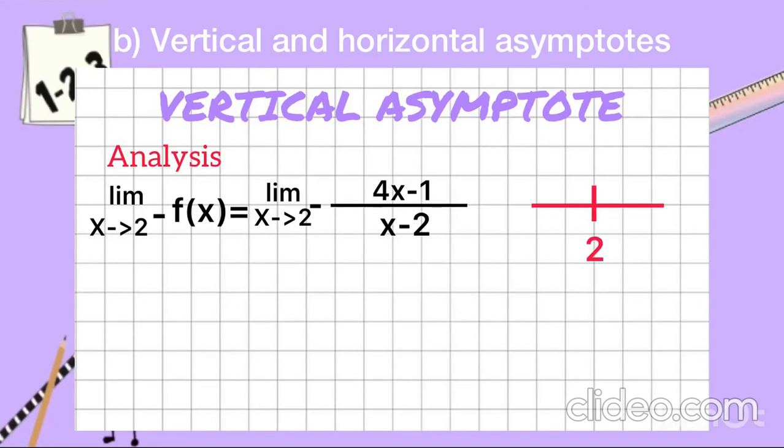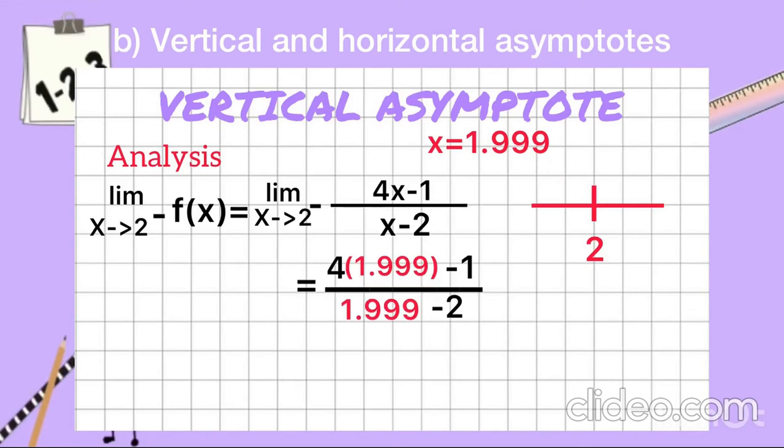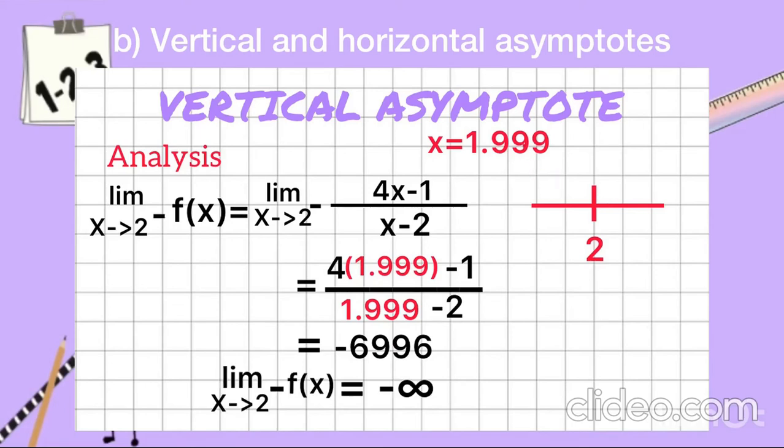Let's say we substitute a value that is very close to 2, for example 1.999. This is quite close to the value of 2 from the left hand side. So we substitute x with 1.999. We will get negative 6,996. We can assume that this is negative infinity.